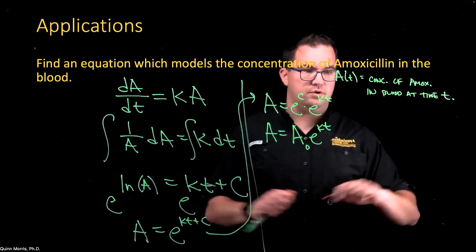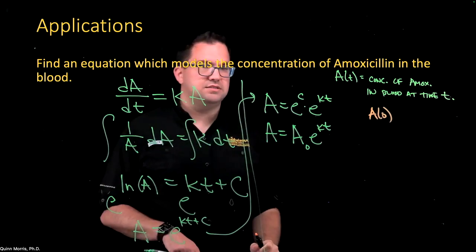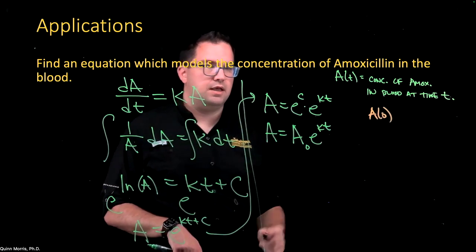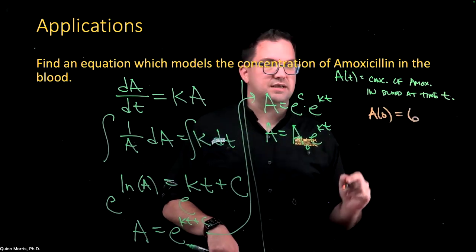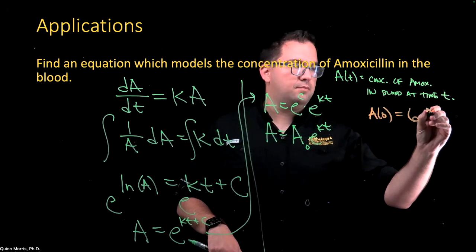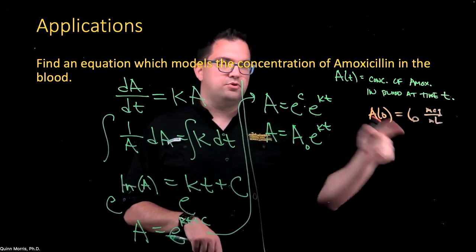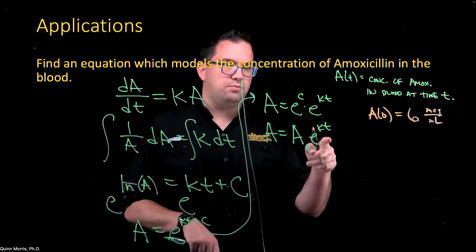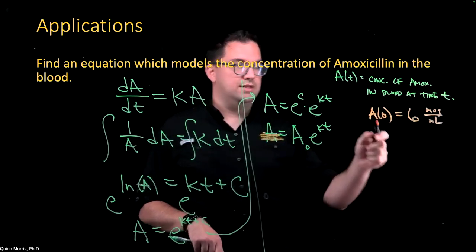I was told that when an initial blood panel was done, let's say at time 0, the concentration was 6 micrograms per milliliter. Now, the units aren't particularly important as we're plugging things in here, except to remember that these things do have units.